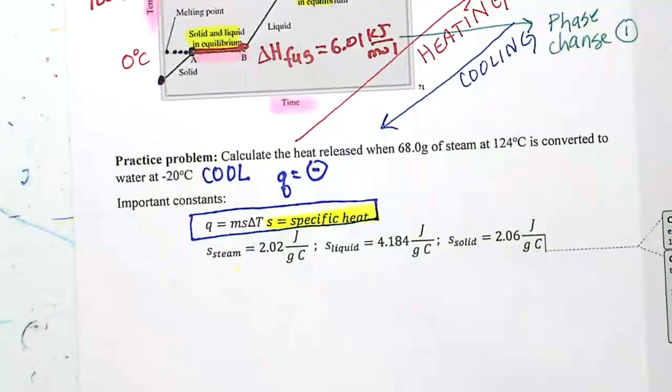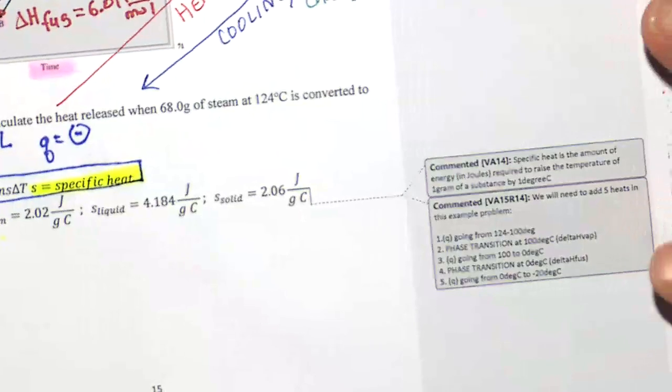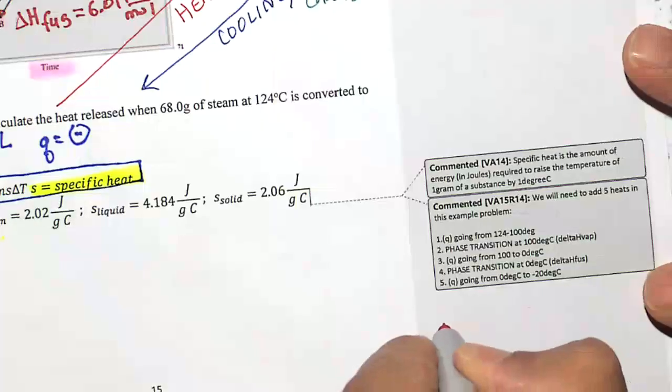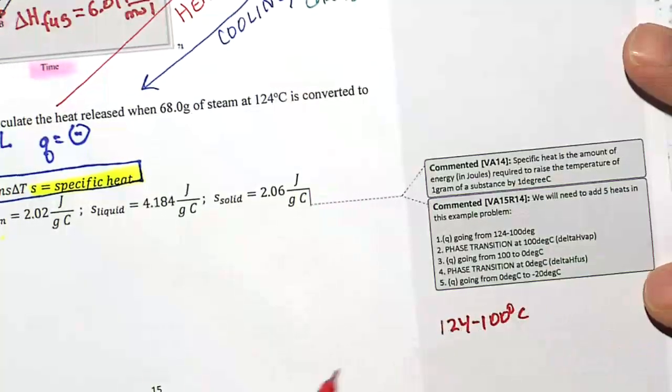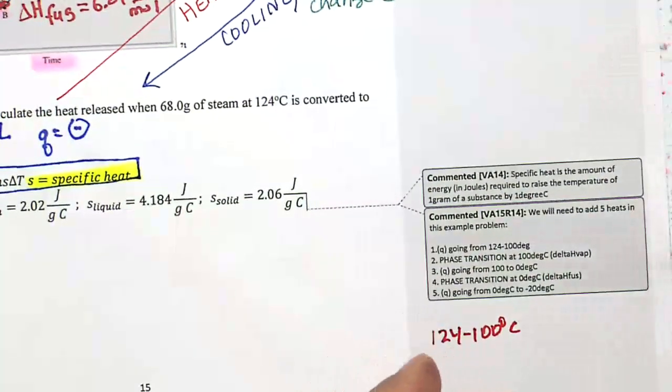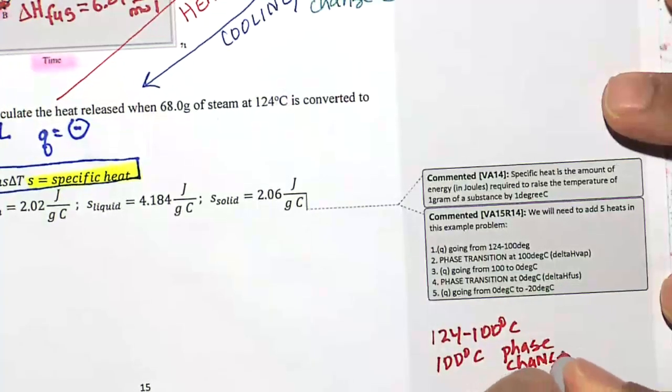In the last minute, we have to split this problem. How will we split it? We're going to calculate the heat going from 124 to 100 degrees C. We're cooling. Then at 100 degrees C, what must we overcome? Phase change, which is delta H vaporization.